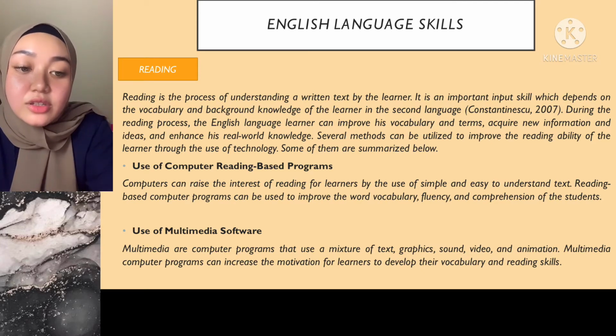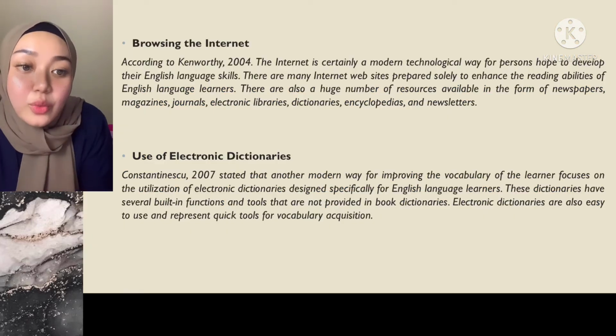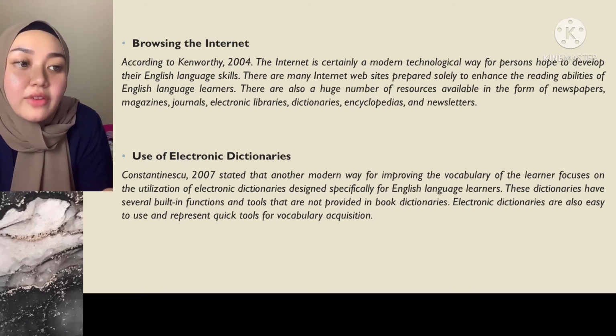The second one is the use of multimedia software. Multimedia are computer programs that use a mixture of text, graphics, sound, video, and animation. Multimedia computer programs can increase the motivation of learners to develop their vocabulary and reading skills. The third one is browsing the internet. According to Kenworthy 2004, the internet is certainly a modern technological way for a person who hopes to develop their English language skills.